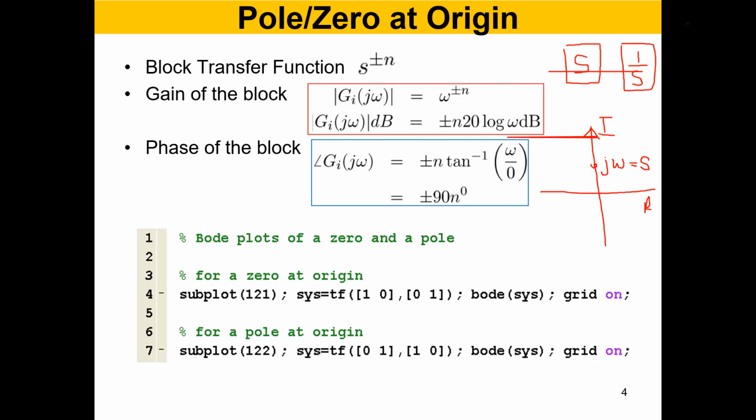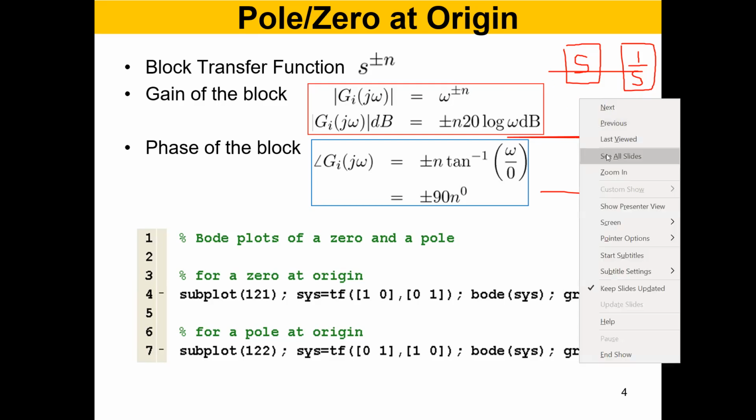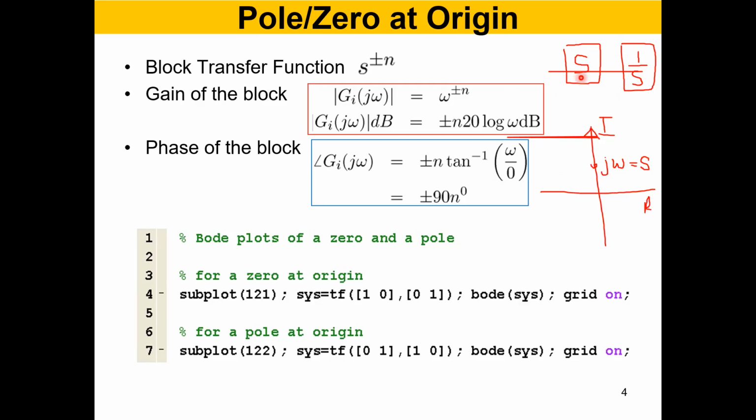So our block is now either S or 1 over S. Whatever it is, we call it G of S, but we substitute S equals j omega because this is pure frequency response, what we want to find out.